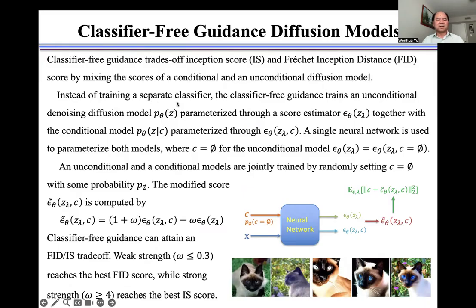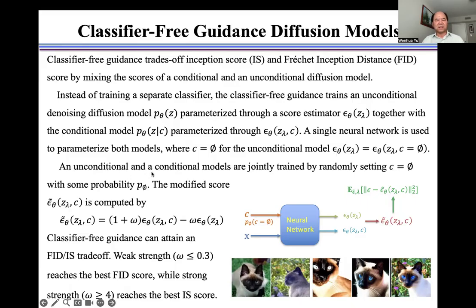Instead of training a separate classifier, the classifier-free guidance trains an unconditional denoising diffusion model P theta, parameterized through a score estimate epsilon theta, together with a conditional model P theta, parameterized through epsilon theta. A single neural network is used to parameterize both models, where C is empty for the unconditional model epsilon theta.